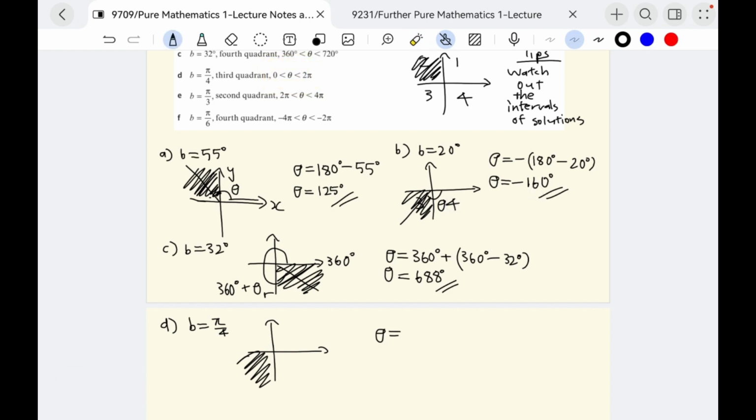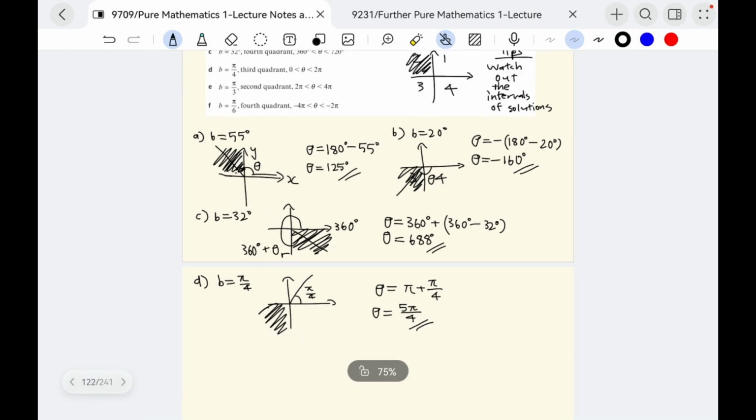Pi over 4 is 45 degrees. To find the angle, pi represents 180 degrees, plus pi over 4. This is the formula for the angle in the third quadrant: I add 180 degrees and the base angle. So you have 5 pi over 4 as your final answer.